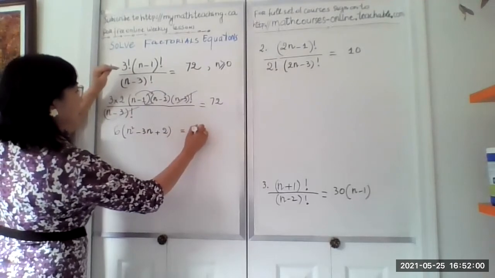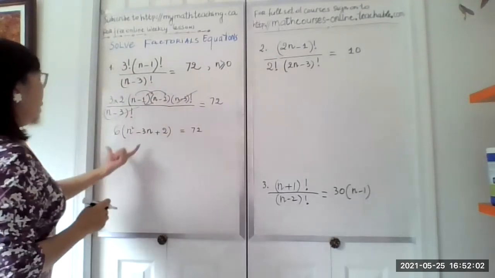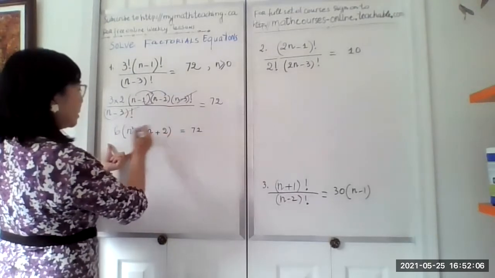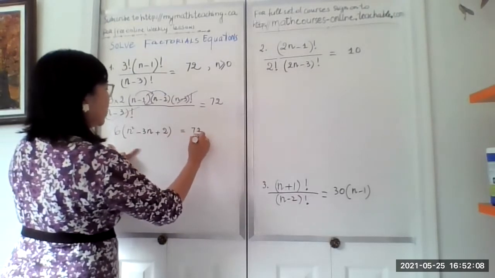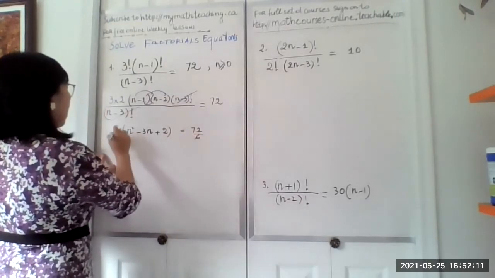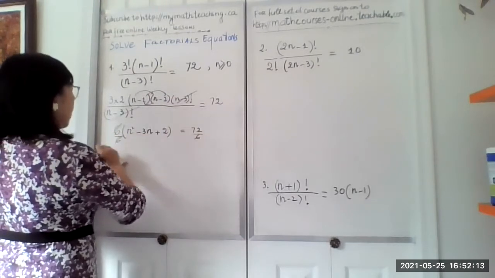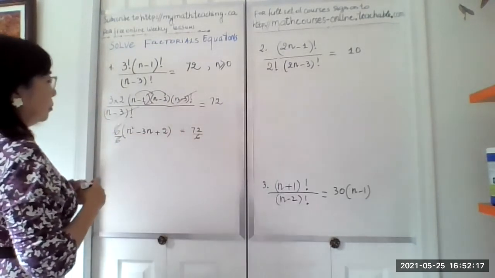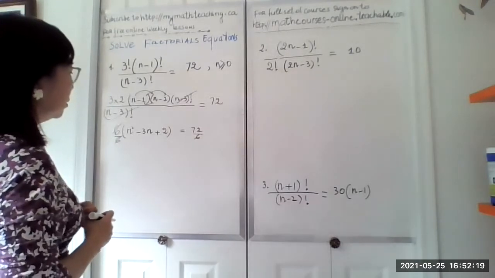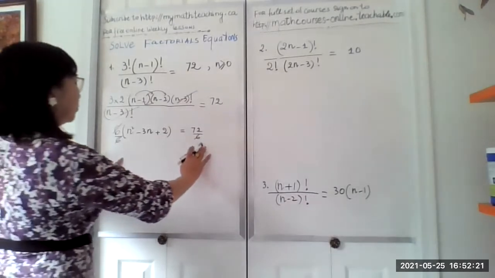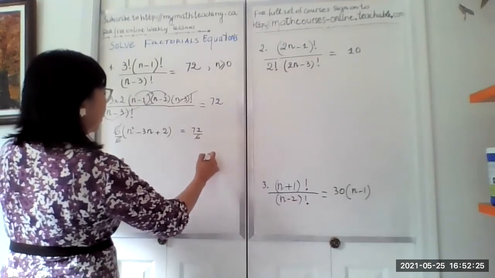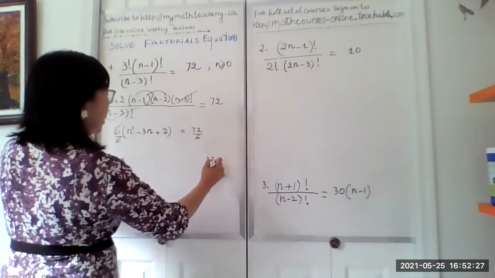And equals 72. Now, at this point, I'm going to divide both the left side and right side by 6, right? So by doing that, I can cancel this. And 72 divided by 6 is how much? Is 12, right?